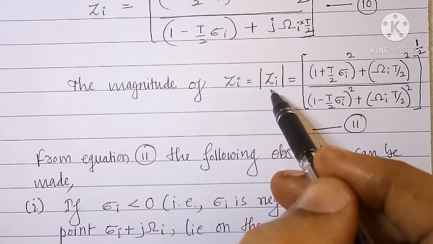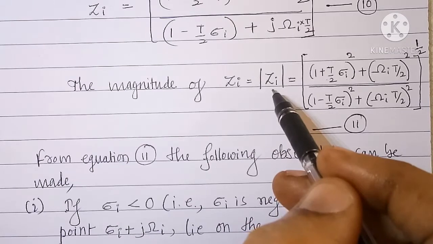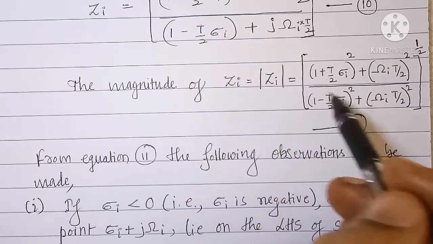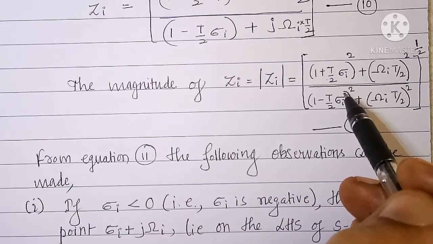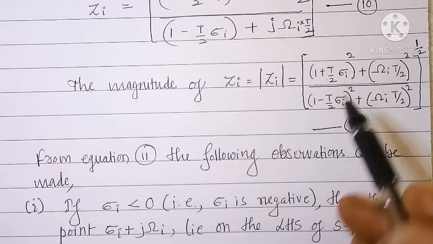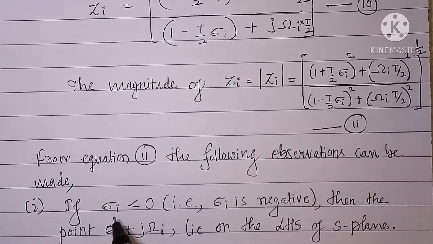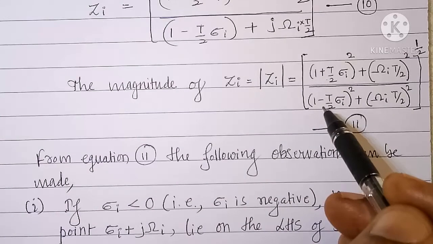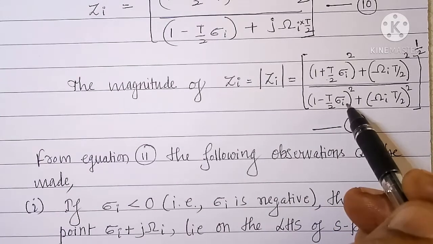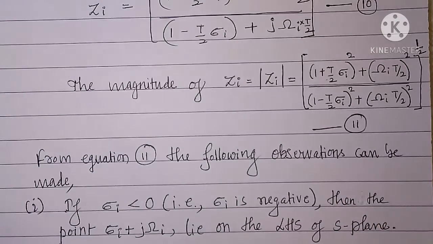Zi magnitude is nothing but radius of the circle in Z plane, but that is going to be less than 1, which means the pole in Z plane corresponding to the pole in S plane for sigma I less than 0 is going to map within the unit circle. Within the unit circle.